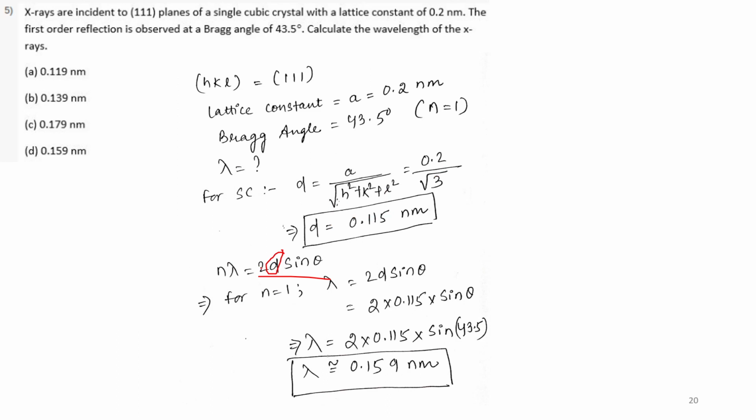Now for n equal to 1, substitute lambda is equal to 2d sin theta: 2 into 0.115 into sin 43.5. You have to use the calculator to find that value, and it will be approximately 0.159. So the answer will be option D.